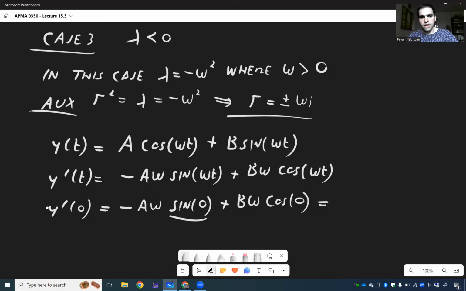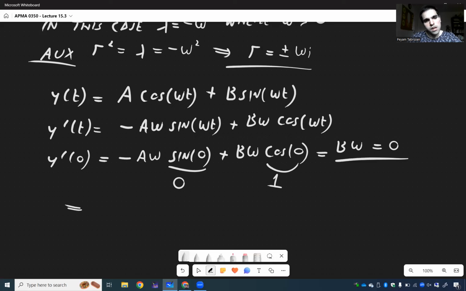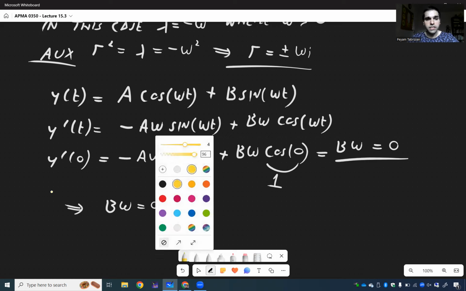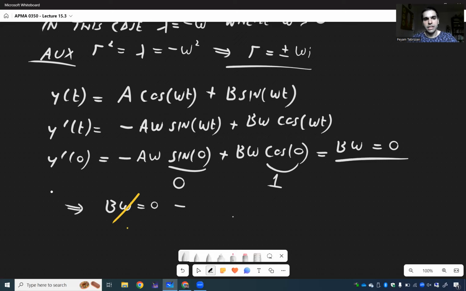But again, sine of 0 is 0, cosine of 0 is 1. So we get b omega. But remember, y prime of 0 is 0. So b omega is 0. And then remember, omega is positive, so we can divide by omega, and we end up getting b equals 0.